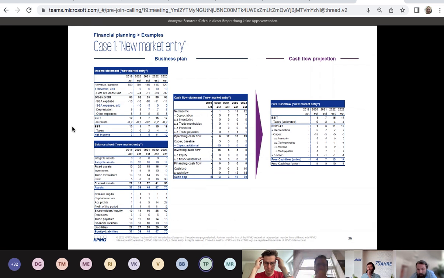And what you see, when you compare on the far right the new cash flows, minus 9, 7, 13, and 14, with the previous cash flows, 9, 9, 10, and 11, is the impact on your cash flows and the valuation from entering the new market.